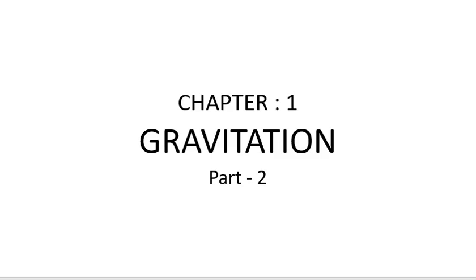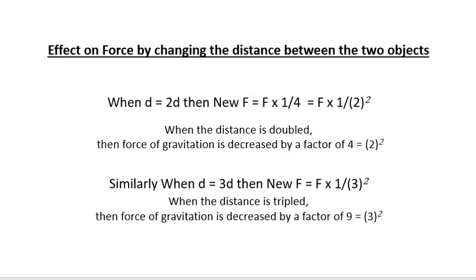In our previous class, we learned about gravitation, centripetal force, Kepler's laws, and Newton's universal law of gravitation. We also saw the effect on force of changing the distance between the two objects. When the distance is doubled, that is when d becomes 2d, the new force is decreased by a factor of 4, which is equal to 2 squared.